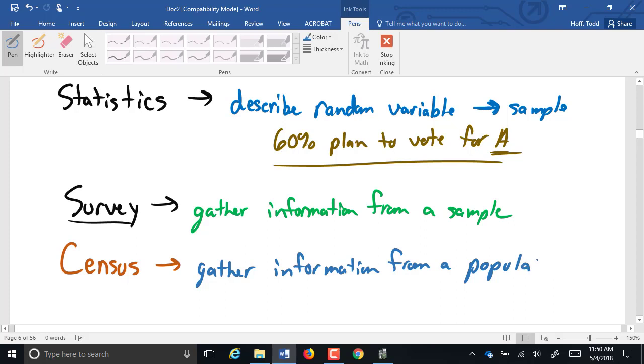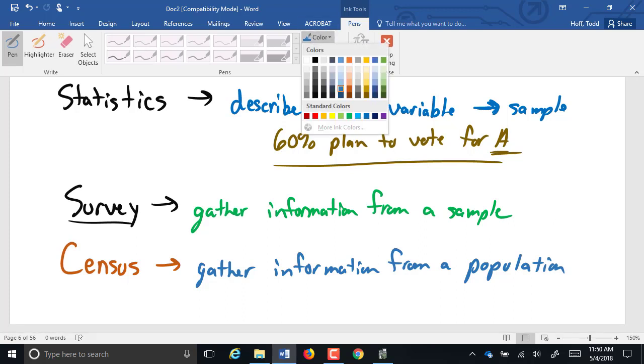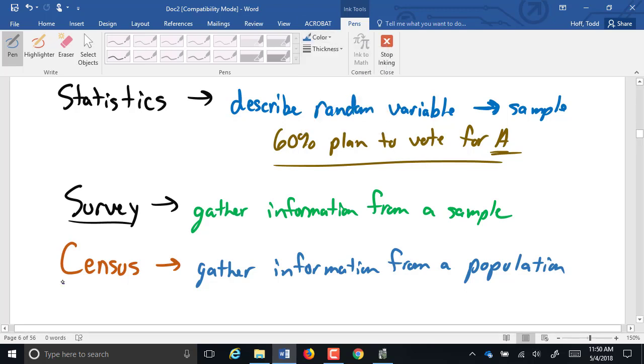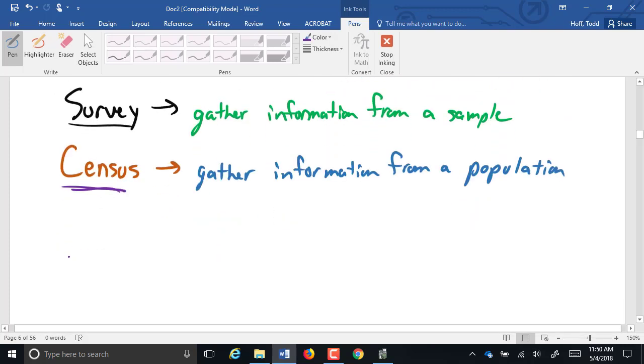Every 10 years, the US government sends people out to do the census. Now, it is a little bit of a misnomer because the true census has never happened. The true census would have to reach every living person in the United States. And it's never happened. There's always at least somebody that refuses to answer or they just can't get in touch with or whatever. So it's never complete, but it is an attempt.